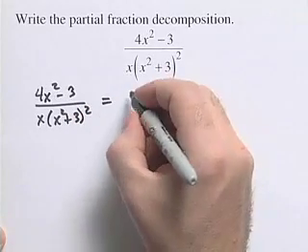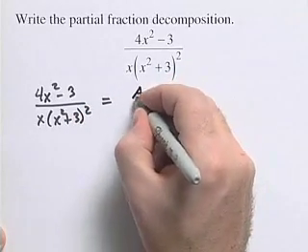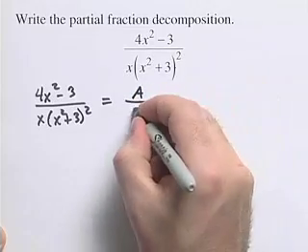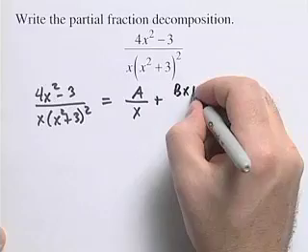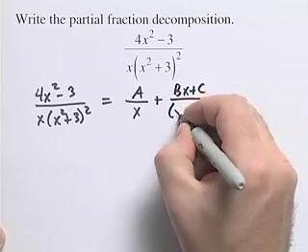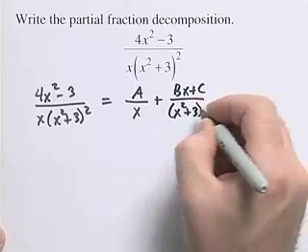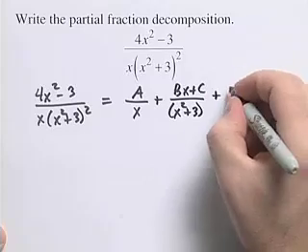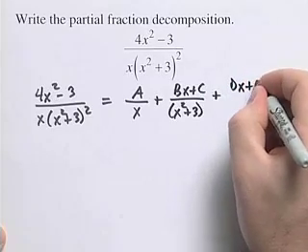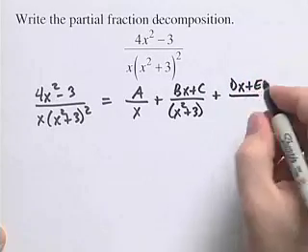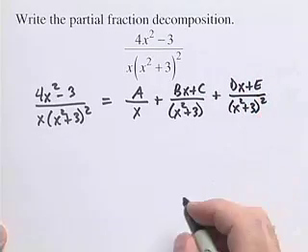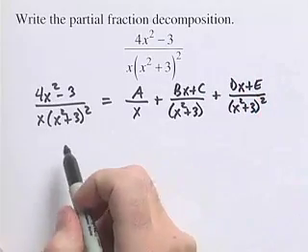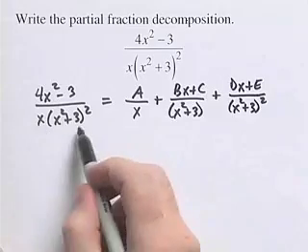And if we decompose that, we're going to get A divided by x, our linear factor, plus Bx plus C over x squared plus 3, that's our quadratic factor, plus Dx plus E over x squared plus 3 quantity squared. We're going to clear the fractions by multiplying by this denominator.